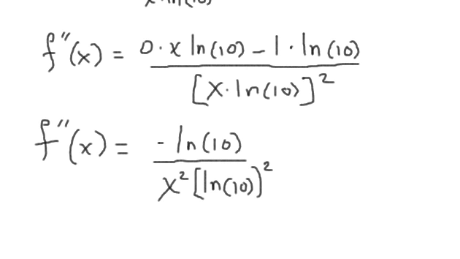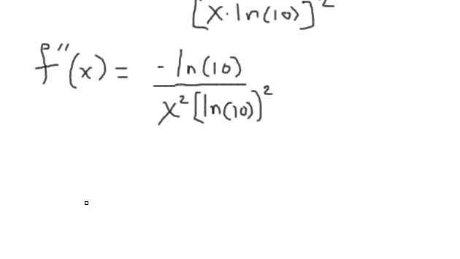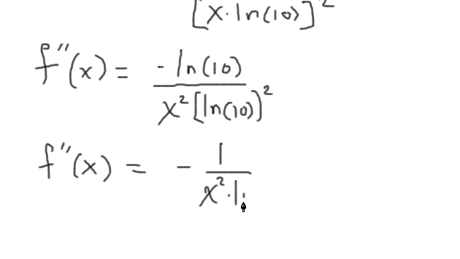Now we can reduce this down some more. So we have f double prime of x is equal to, now we have 2 natural log of 10s in the bottom, we have 1 in the top, so we can cancel one of those out. I'm going to throw that negative out here in the front, by the way. And so we're going to be left with x squared times the natural log of 10.